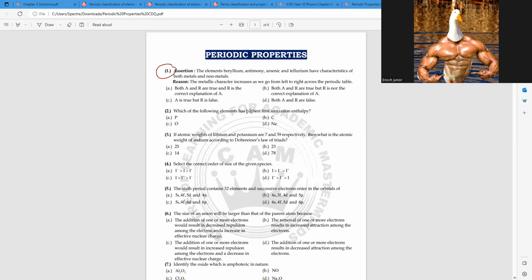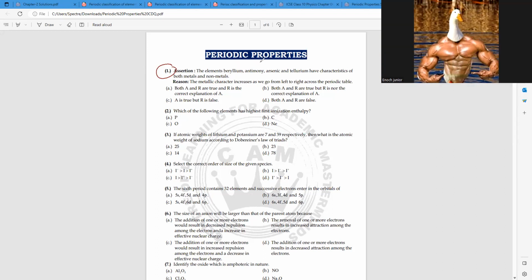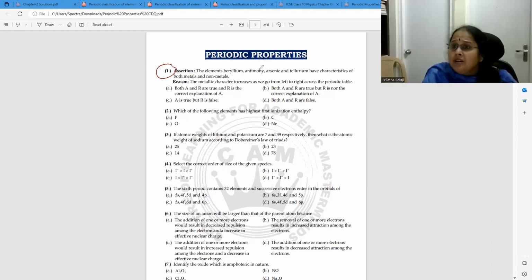Yes. Anybody else? No, ma'am. It is not true. Why not? Do you have your periodic table chart in front of you? Is there any element which is not having the characteristic of both metal and non-metal in that?